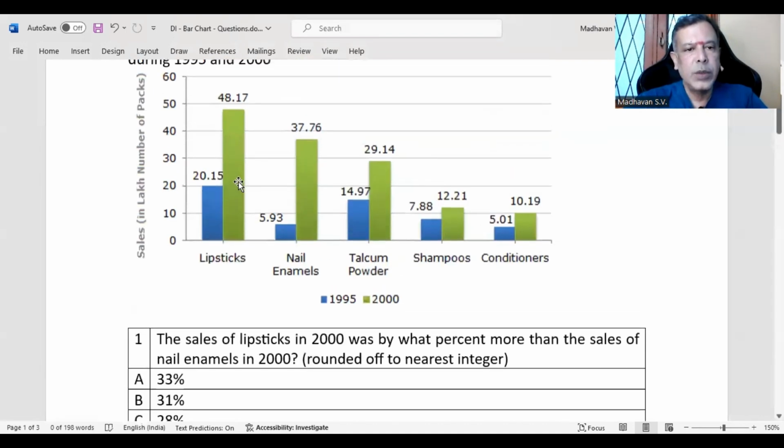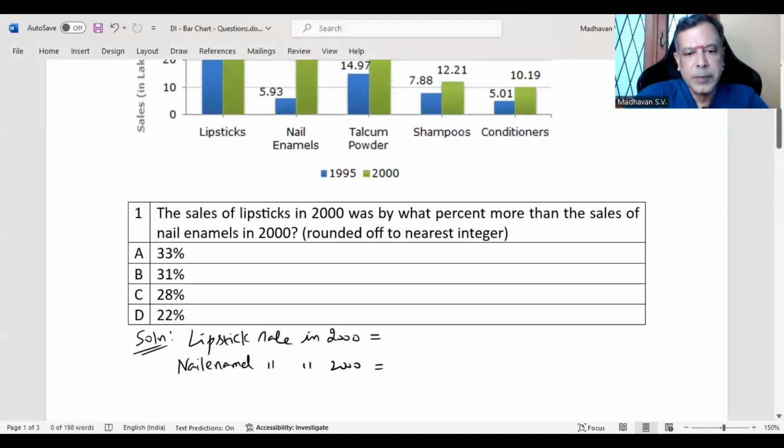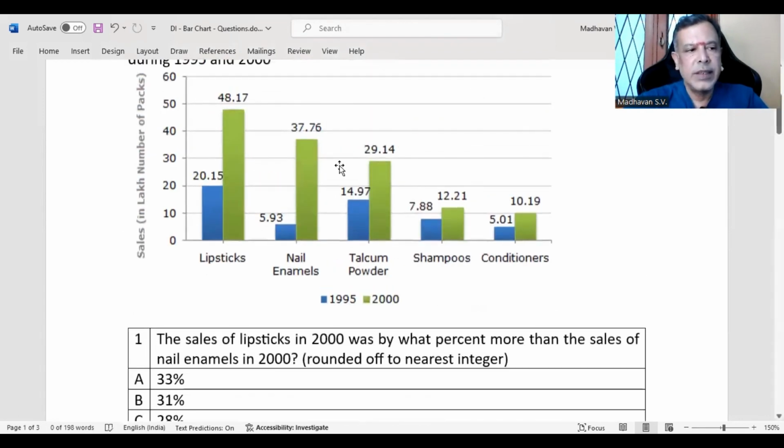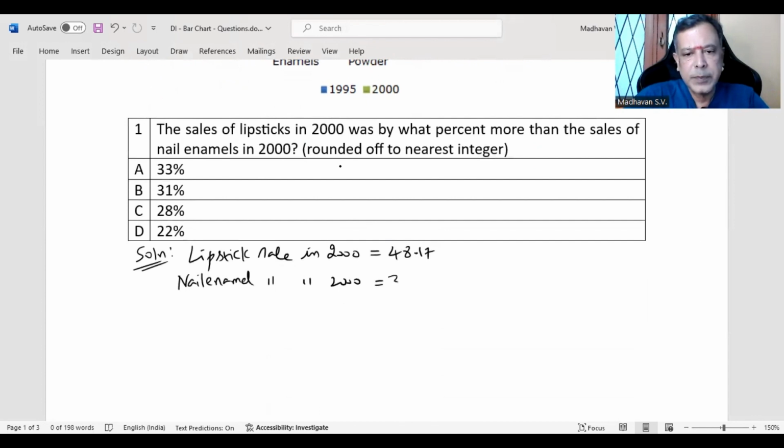So lipstick sale in 2000 is 48.17 and nail enamel sale is 37.76.